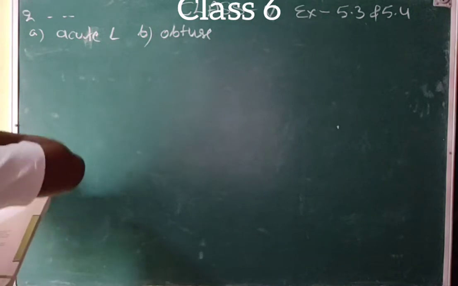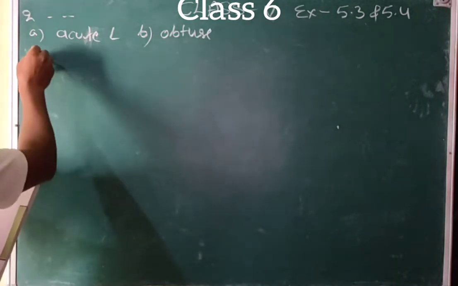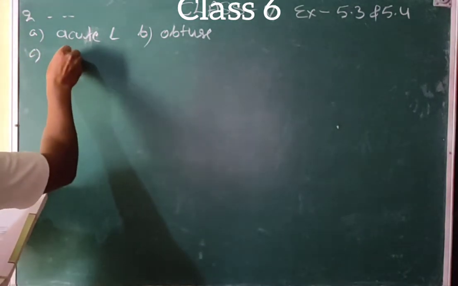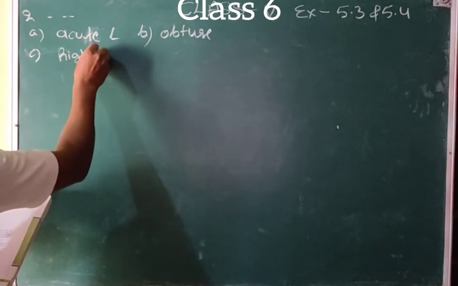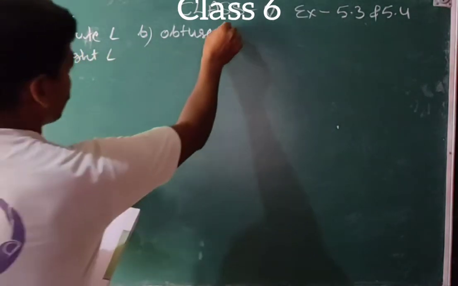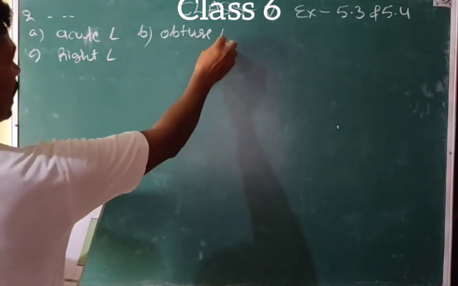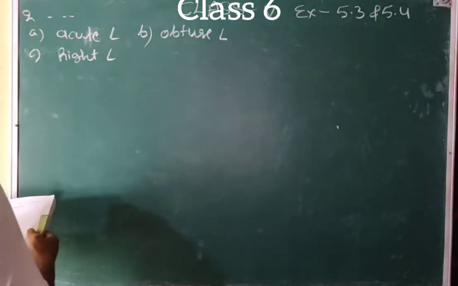And then the third is 90 degrees, obviously looking at that, so that will be right. You do not need to write the word angle, you can draw the symbol of angle.